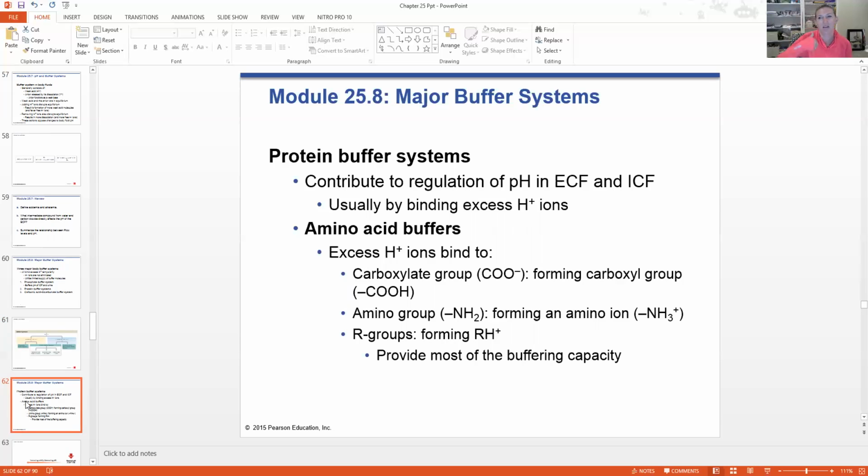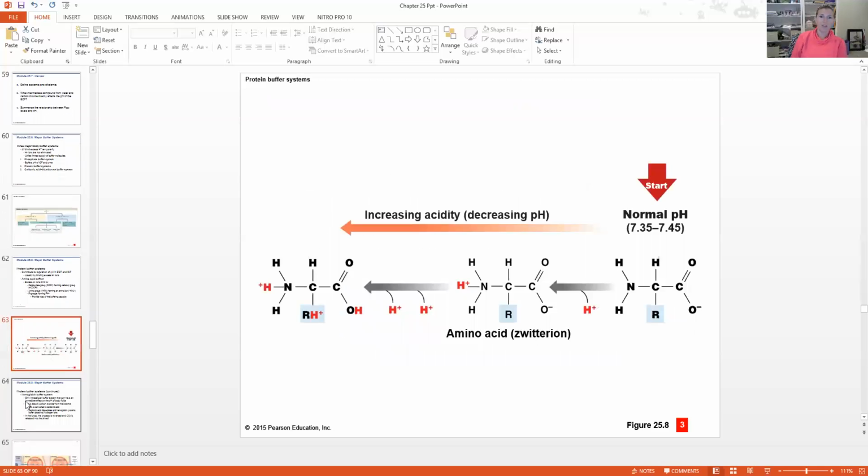So remember, amino acids have the functional group or the R group, the amino group, and the carboxylate group. So either one of those can bind to a hydrogen ion to help absorb extra hydrogen ions. There you see the protein buffer system in action. You have your amino acid here at a normal pH, and it can absorb an extra hydrogen ion if it needs to.